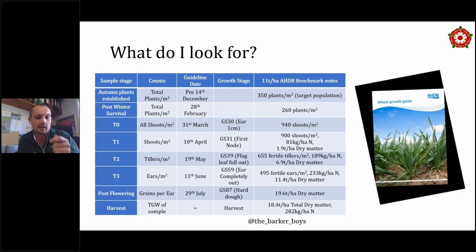Again, this is all very simple stuff that any farmer can do. You know how to identify a plant, you know how to look and see the shoots developing, just simply counting them. Then as the tillers become more obvious, you can count major and minor tillers. That's what I've developed mine into.